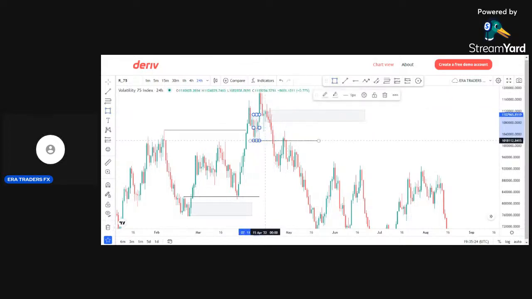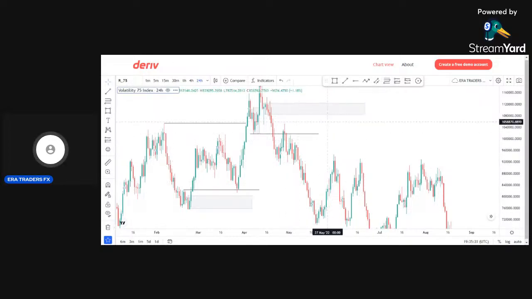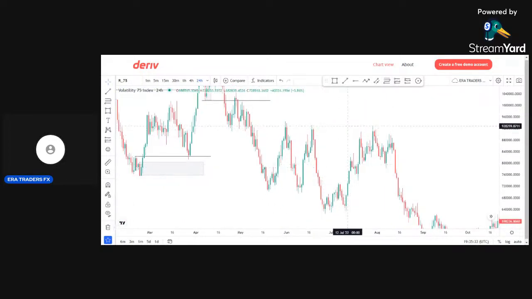That second candle was our mitigation block, and price traded through. You'll be waiting for order blocks, but price traded into the mitigation block. You can see this clear one here. After this break of structure to the downside, the last buy candle before the break of structure, bearish order block. Price traded into the order block and sold.